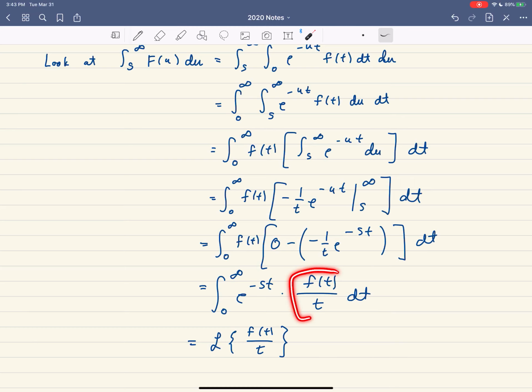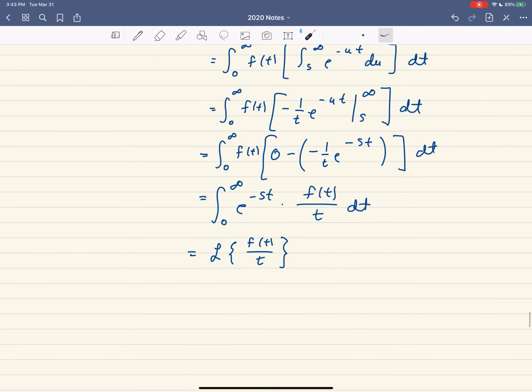But the trouble part is actually at 0. So these are all valid operations so long as this function is nicely behaved at 0, so as long as the limit of f of t over t exists and is some finite number. That's the mild assumption that we need to make. We don't really need to think too much about that, but that is that transformation there.